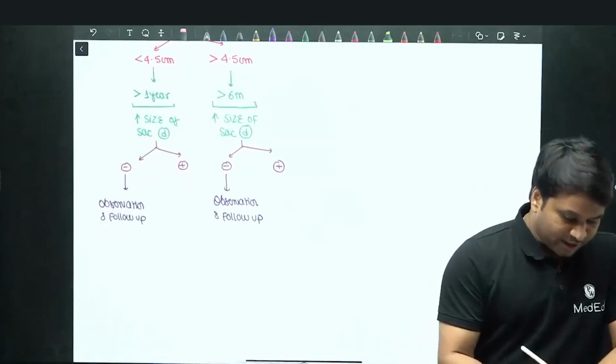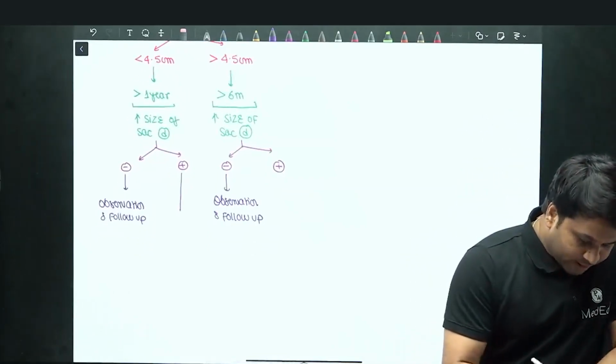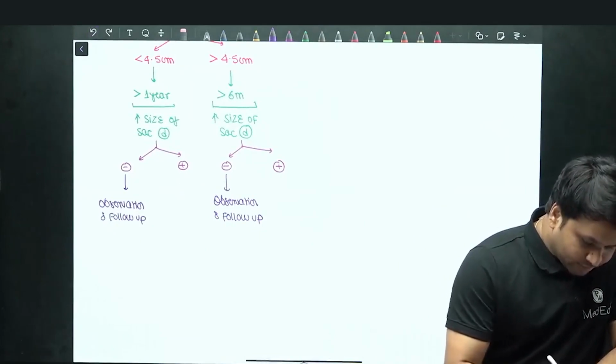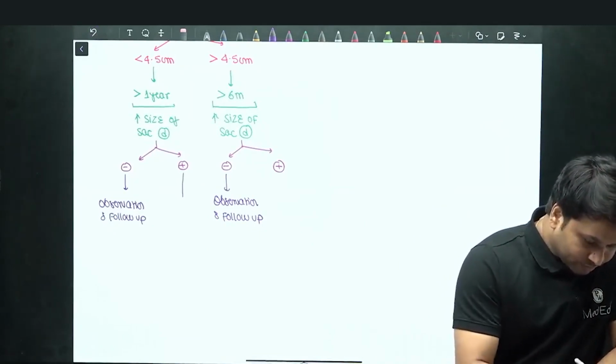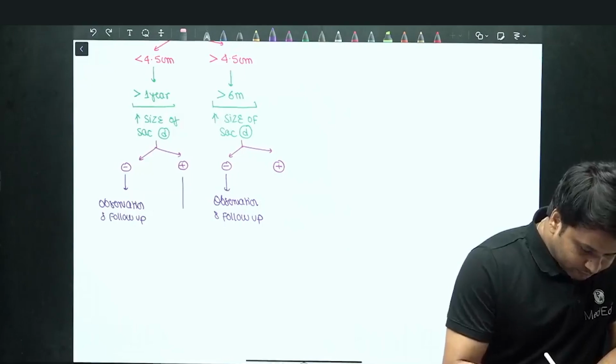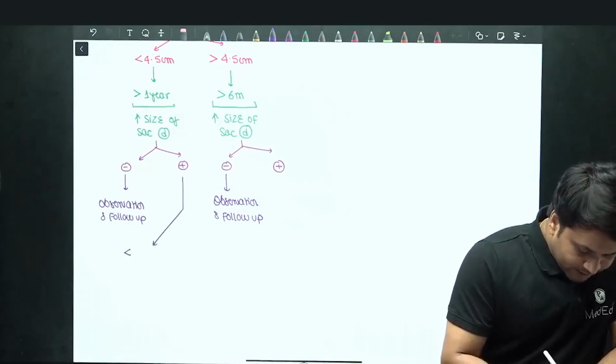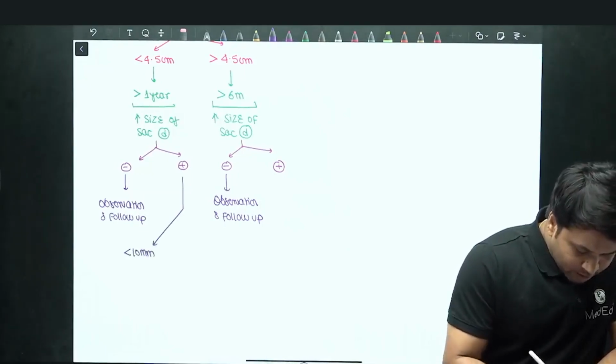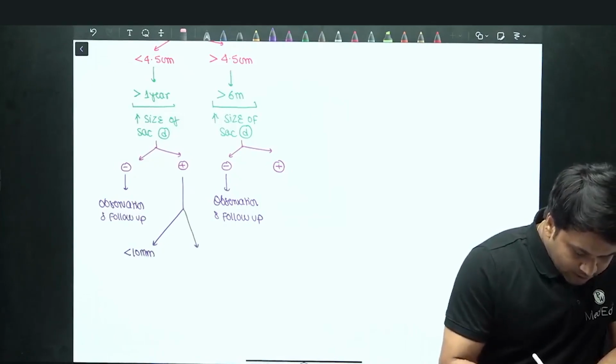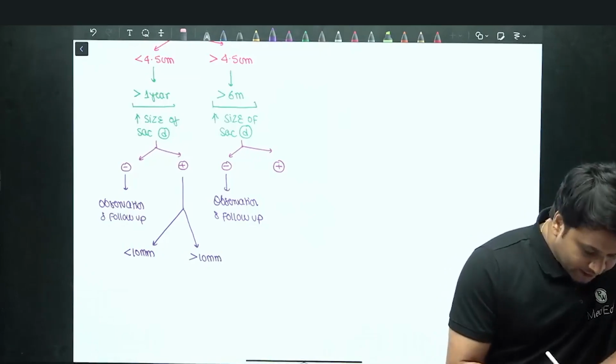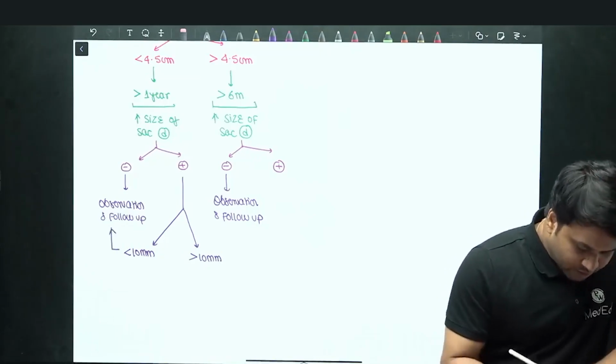On the other hand, if there is increase in size, you have to analyze how much is the increase. Is the increase less than 10 millimeters or more than 10 millimeters in a year? If the increase is less than 10 millimeters, observation and follow-up.